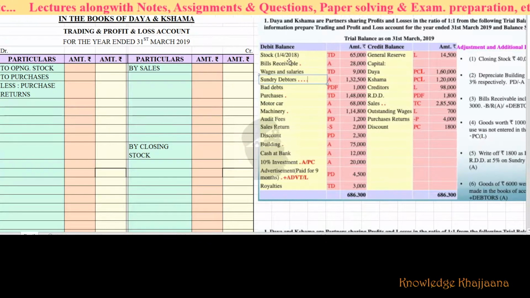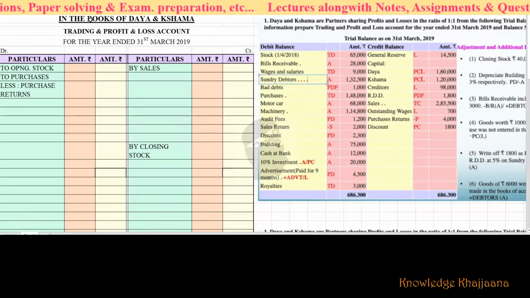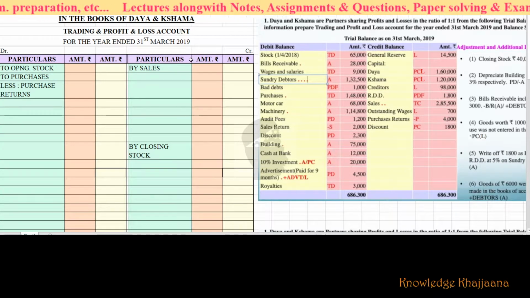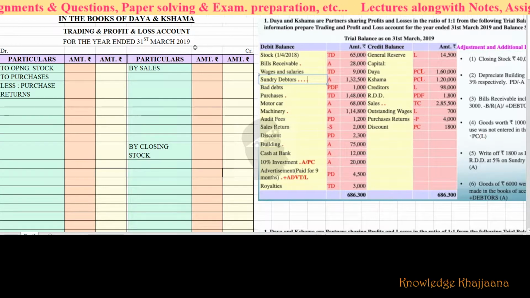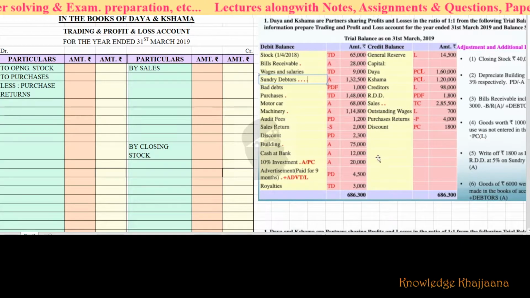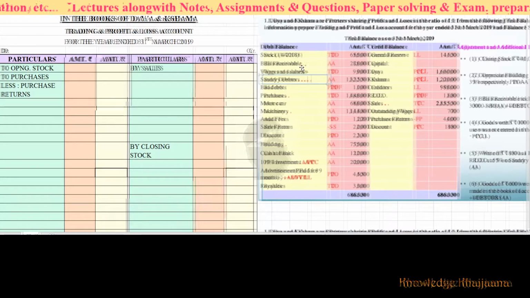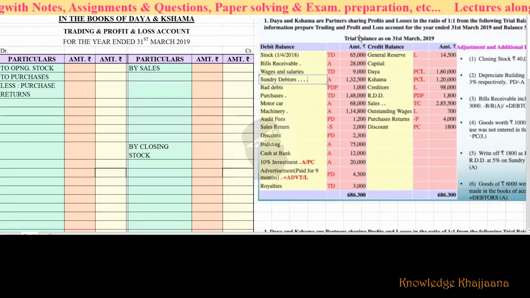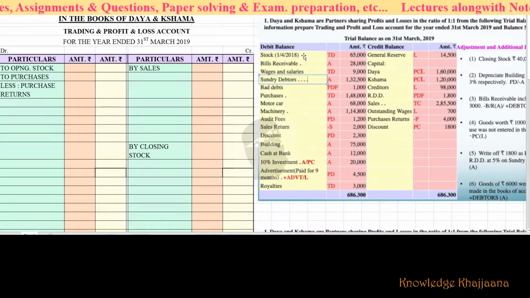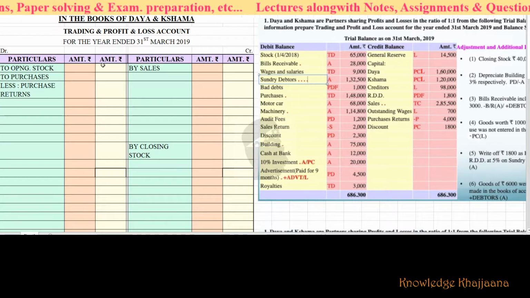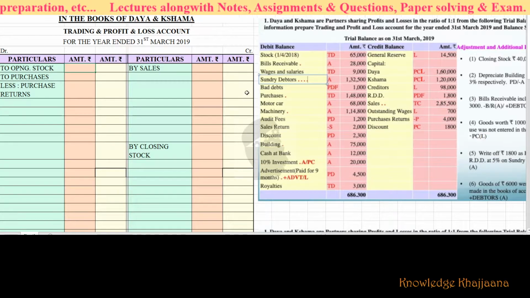First of all, we have made the ruling in the books of Daya and Kshama, trading and profit and loss account for the year ended 31st March 2019. So what is the first entry? As per the trial balance, on the debit side we see first stock, that is 1st April 2018 opening stock. What is the amount of opening stock?